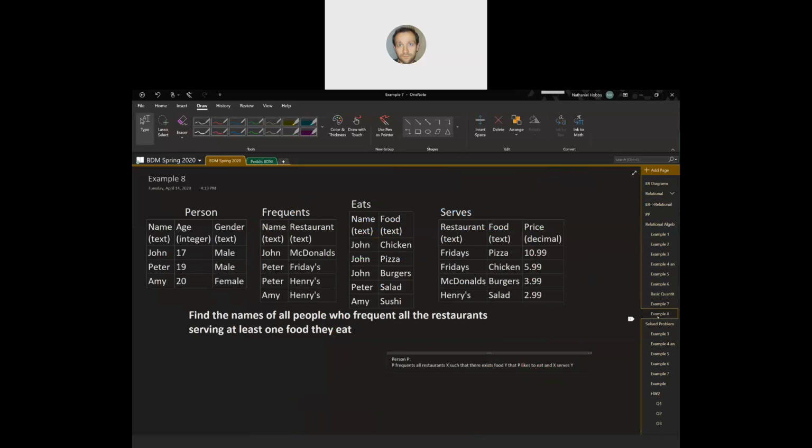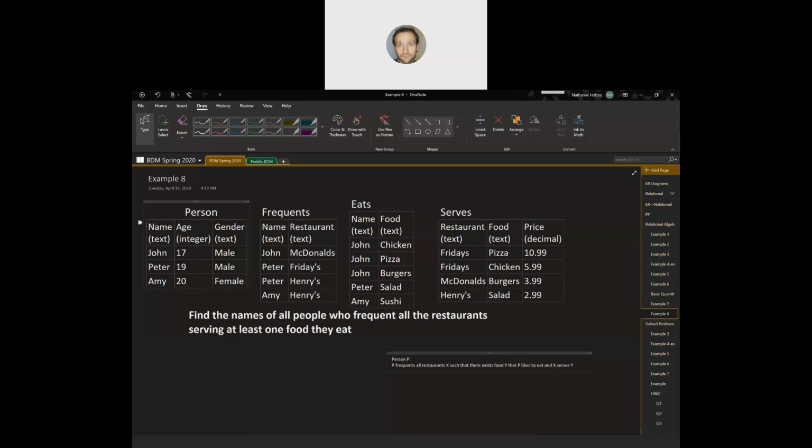Great. So, the tables and their schemas are really all that matter here, but there's some play data if it helps. Now, these are people who frequent all of the restaurants that serve at least something they eat.